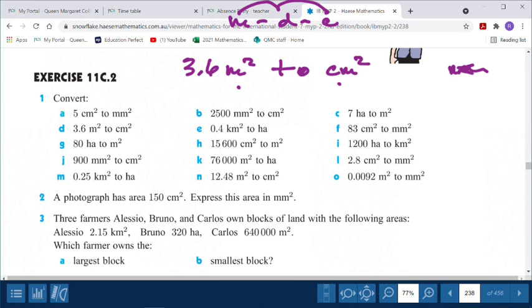But we're squaring it, so we need to double them. So we're really going to move how many jumps? 4. So here's my decimal. It's going to move 4 places to the right. So 1, 2, 3, which means I have 2 spaces that don't have any values in them. So what do I have to add? Zeros. So 3,600 centimeters squared.